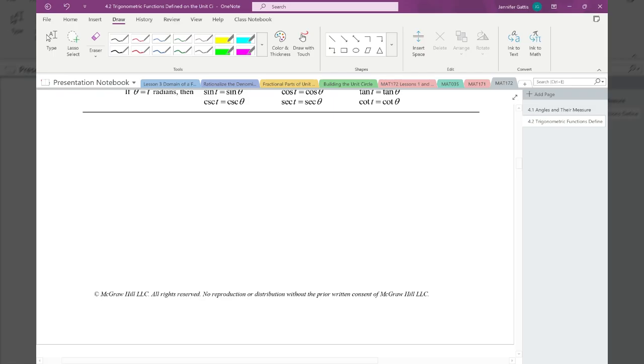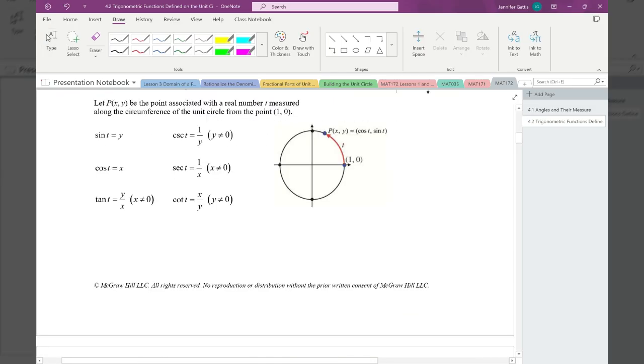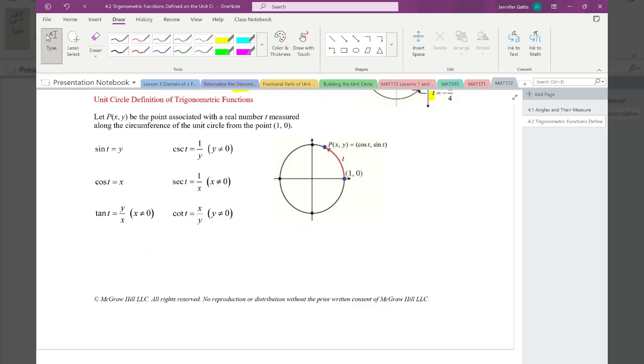So, like I was mentioning before, we're going to come back up here now. Sine is y, cosine is x, tangent is y over x, cosecant is 1 over y, secant is 1 over x, and cotangent is x over y.